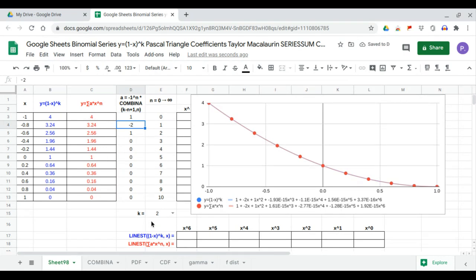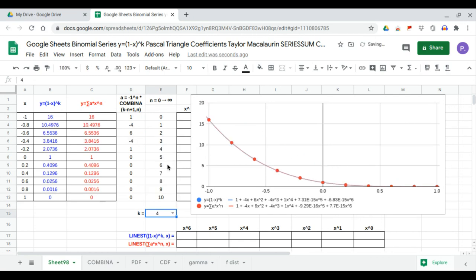Now that fixes it. So at k equals 4, we have our Pascal triangle coefficients here: 1, -4, 6, -4, 1.